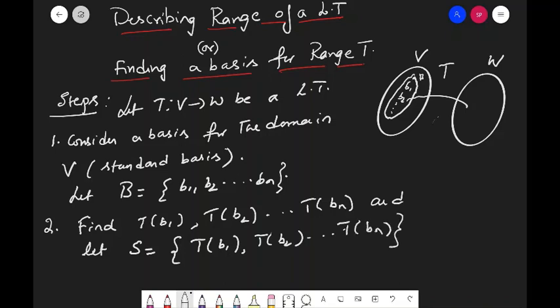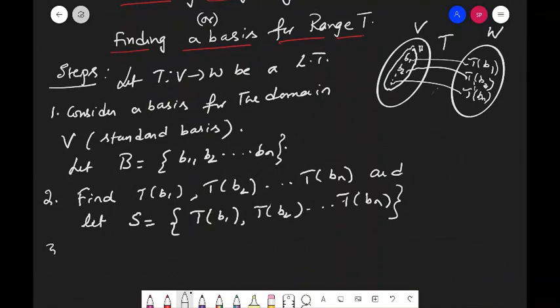Let us come to the diagram. You have T and you have B here. B1 is there, so T of b1 will be here. B2 is there, so you will have T of b2, and so on. If bn is here, you will have T of bn. Like this, for each basis element, find its image.